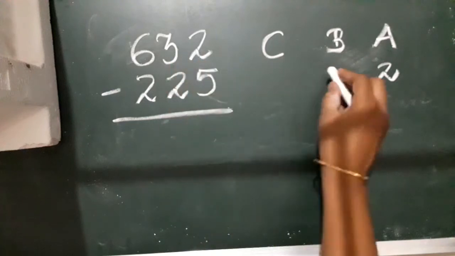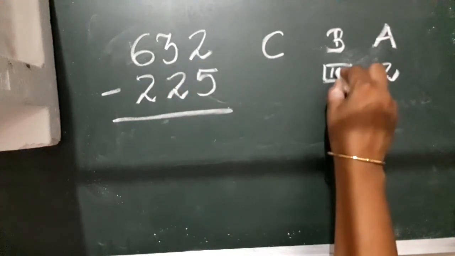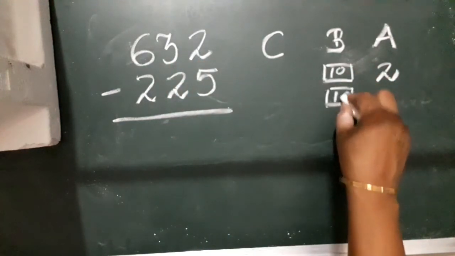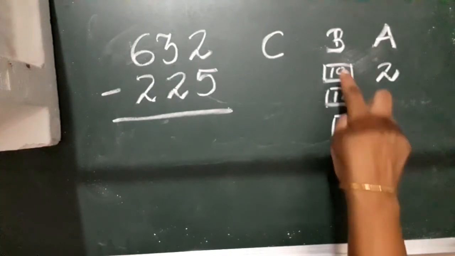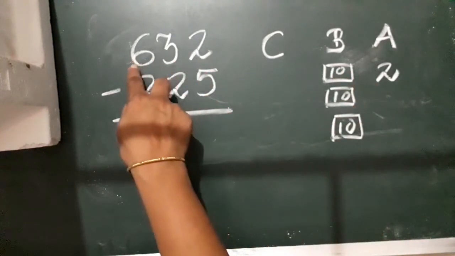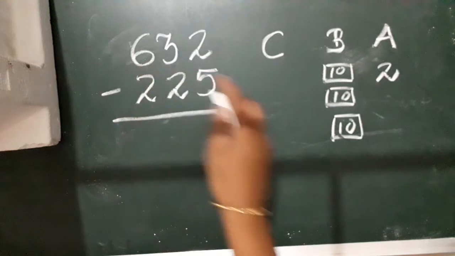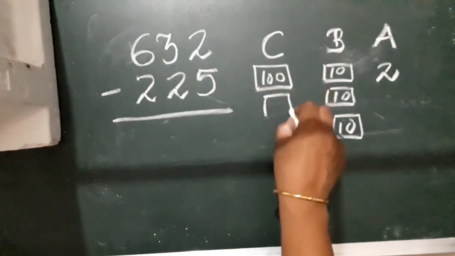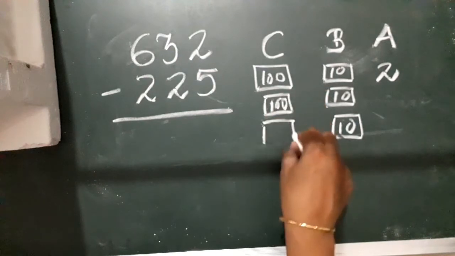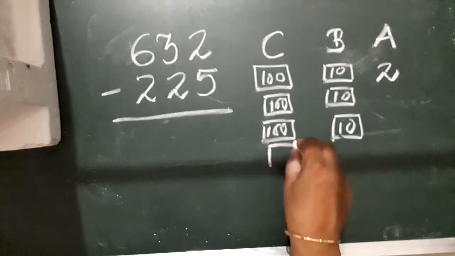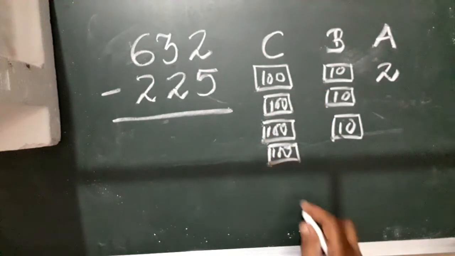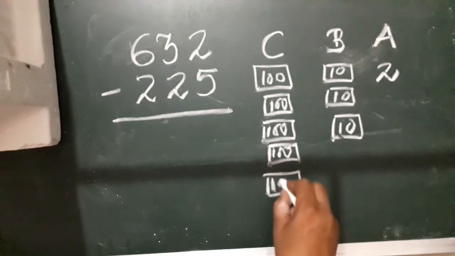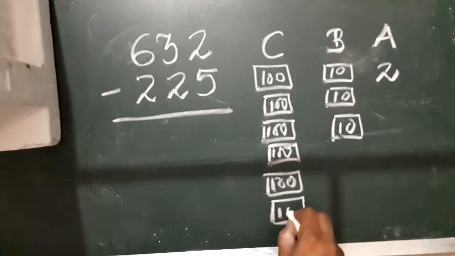B is having 3 tens: 10, 10 and 10. And person C is having 6 hundreds. So 100, 100, 100, again 100, fourth 100, then 500 and 600.